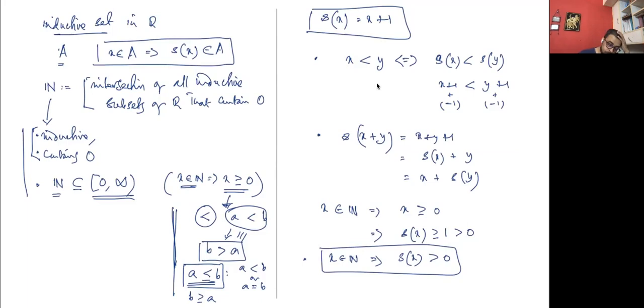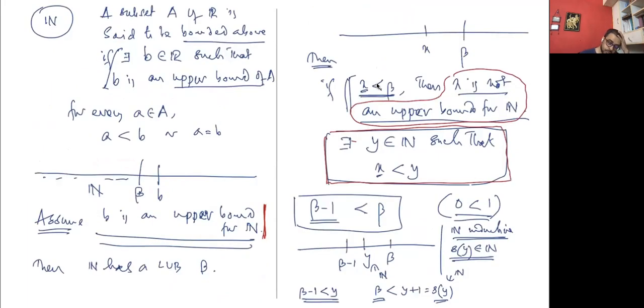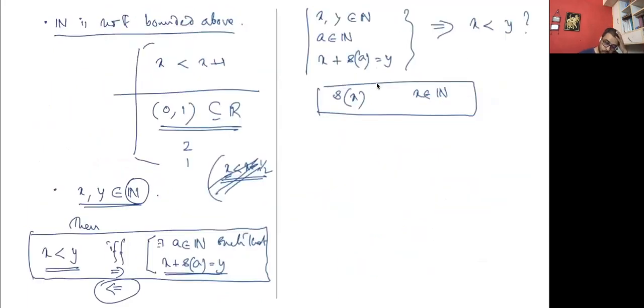In general, every element of N is greater than or equal to 0. But if you take the image under S of x, that has to be strictly positive. So now use that.